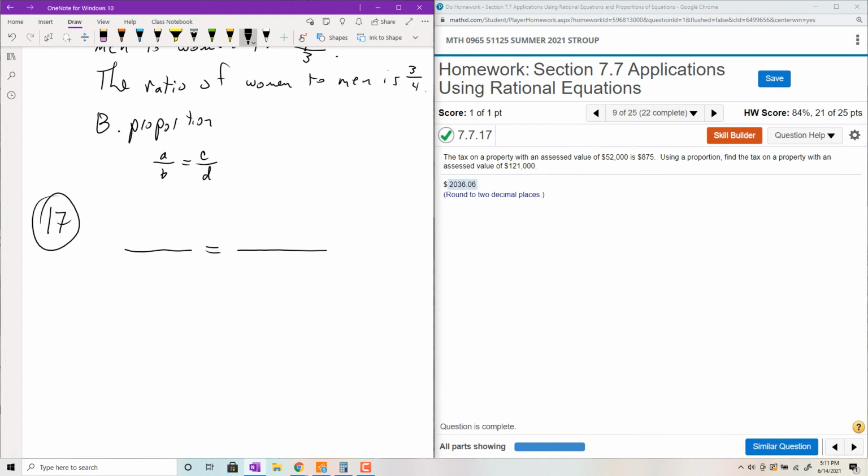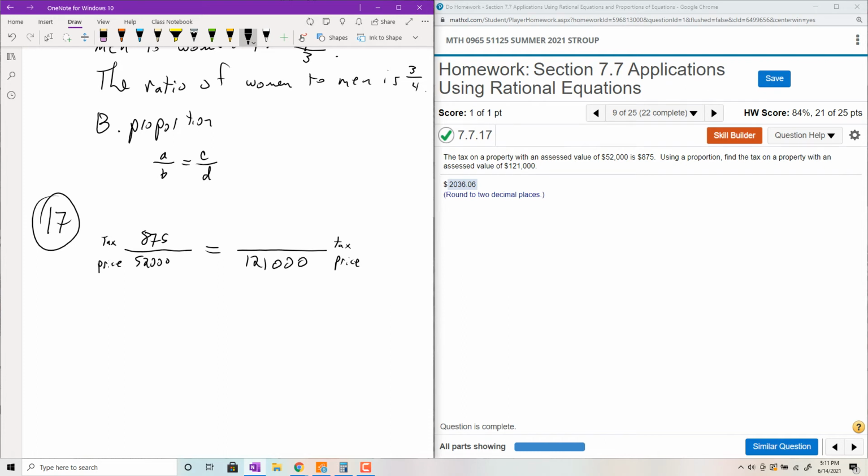So over here, I'm going to put tax, and on the bottom, I'm going to put price. So the tax, $875 for a $52,000 house. And then on the other side, make sure you put tax on the top and price on the bottom. So the price of the other house is $121,000.